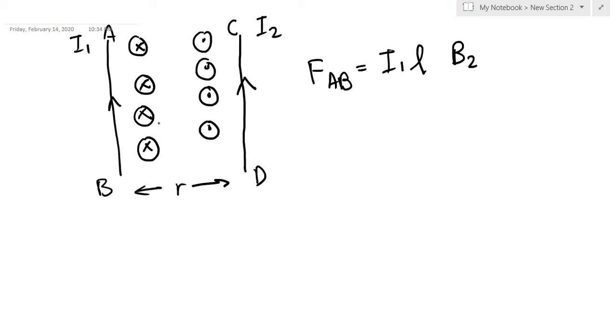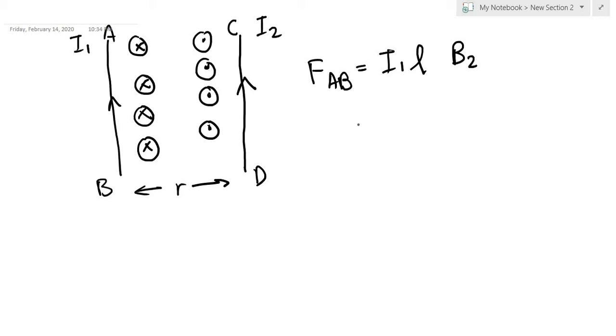I repeat, a wire itself does not experience a force from its own field. When a wire carries current, the current has a magnetic field, but that magnetic field never causes any force on the source wire itself, because it was always around it. It's never a force at the wire from its own magnetic field. So the force on a wire is never due to its own magnetic field. It's always due to the other wire's magnetic field. So the magnetic field affecting the first wire is the magnetic field of wire 2.